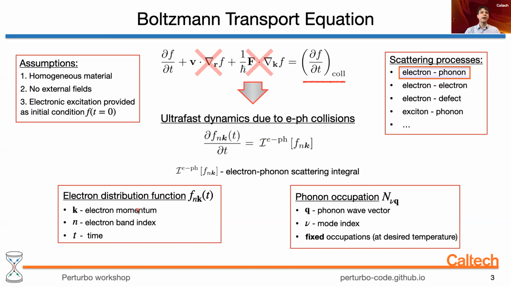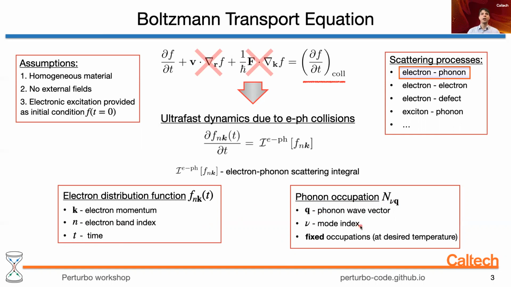On the electron side, we have the electron distribution function f_nk(t), where k is the electron momentum, n is the electron band index, and t is time. On the phonon side, we have the phonon occupations n_νq, where q is the phonon wave vector and ν is the phonon mode index, and here we will consider fixed phonon occupations at a desired temperature.